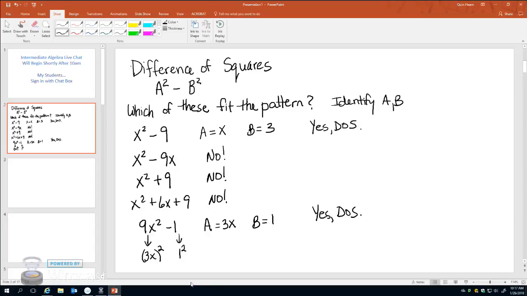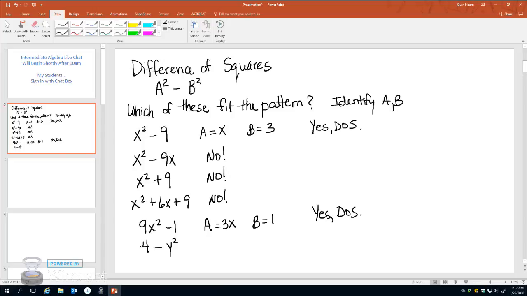Okay, let's do a couple more here. How about if we had 4 minus y squared? So again, we look and see, do we have a binomial, 2 terms? Yes. Are they being subtracted? Yes. So far so good.